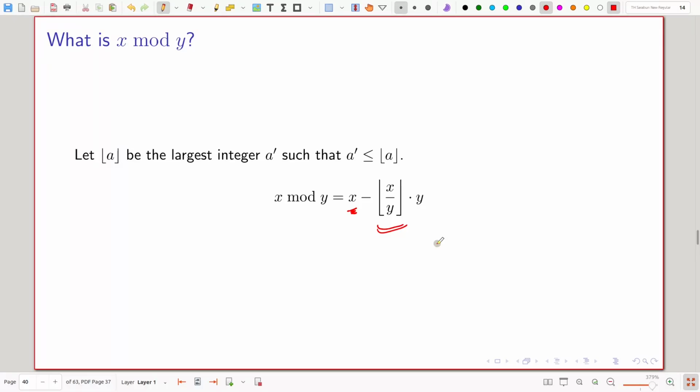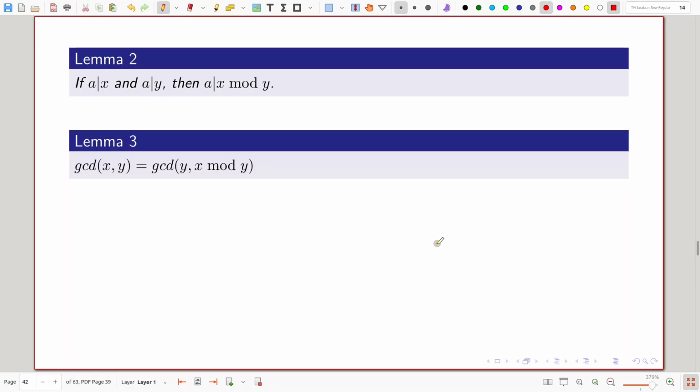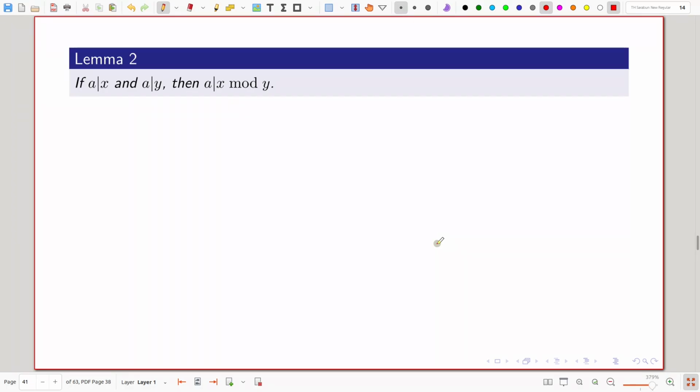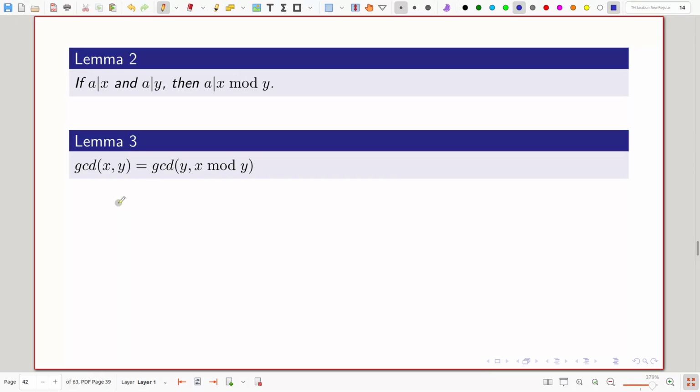We have already proved this: if a divides x and y, a also divides x mod y. That was the homework. So x mod y is x minus some number, right? x over y times y. So if a divides x and a divides y, a also divides this, because it divides x and it also divides y, right? So we want to be able to show that the GCD is the same.